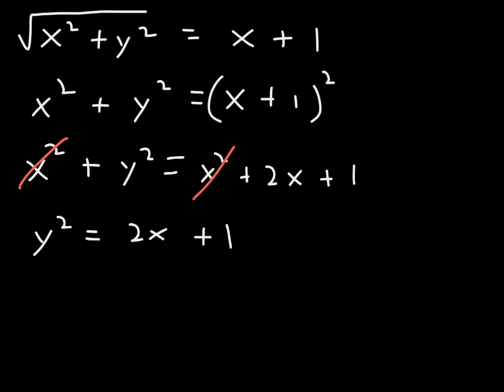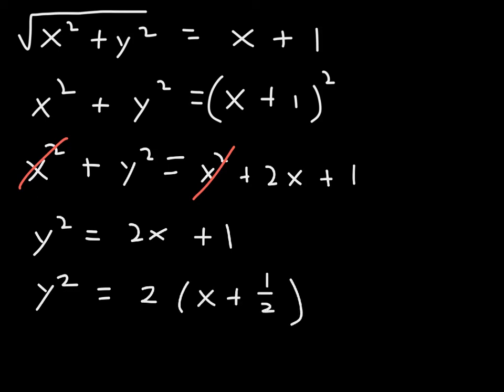So I can see right now, because I have only one variable being squared, I know for sure this is a parabola. Because it's the variable y that's being squared, I know this parabola opens either to the left or to the right. I'm going to continue going with this. I'm going to factor out a 2, and then this would be x plus 1/2.